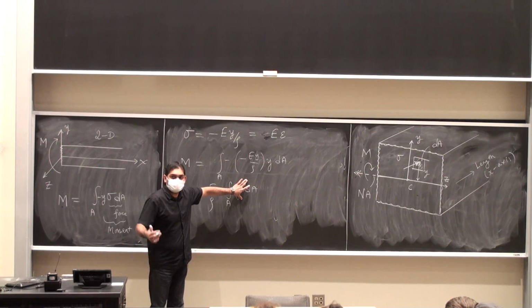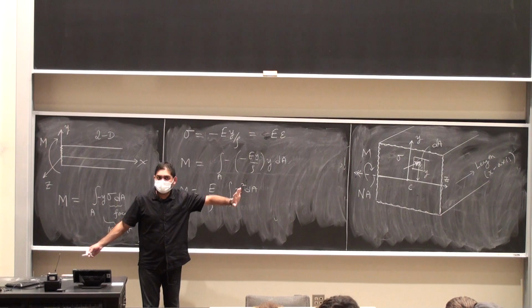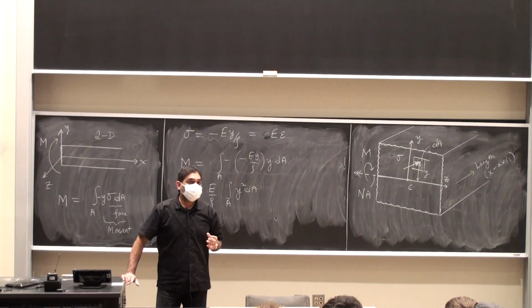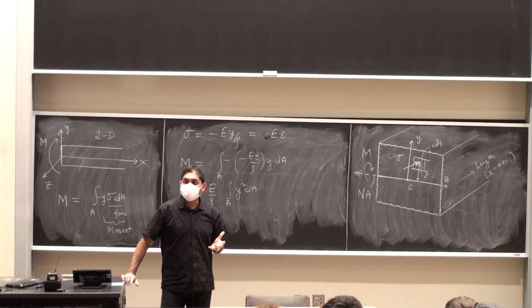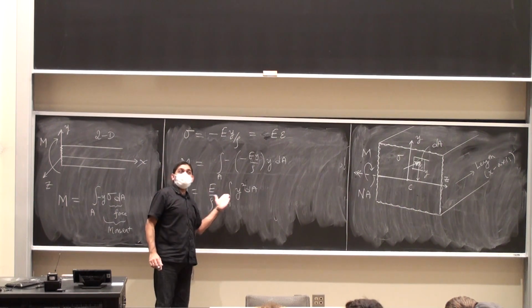What's this called? What's integral y square dA? What was integral r square dA from torsion? We call it the polar moment of inertia, capital J. So in this case, this is going to be called the area moment of inertia about the neutral axis.